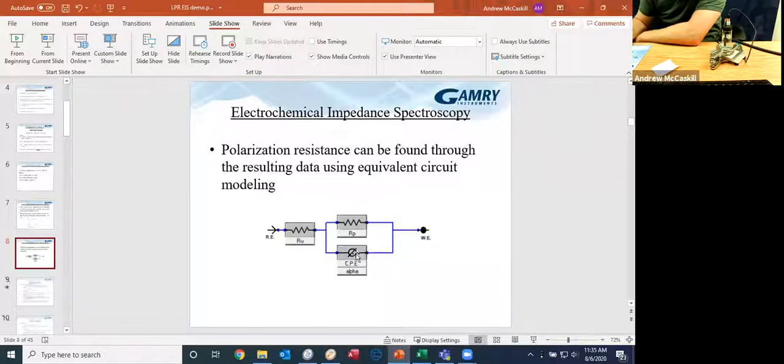On the surface of the electrode, you have your RP value. That's, in this case, the impedance or the resistance to the oxidation reaction that's taking place on the surface of the electrode. And then you have this capacitance in parallel. Both these things are occurring on the surface, and your double layer capacitance forms on the surface.